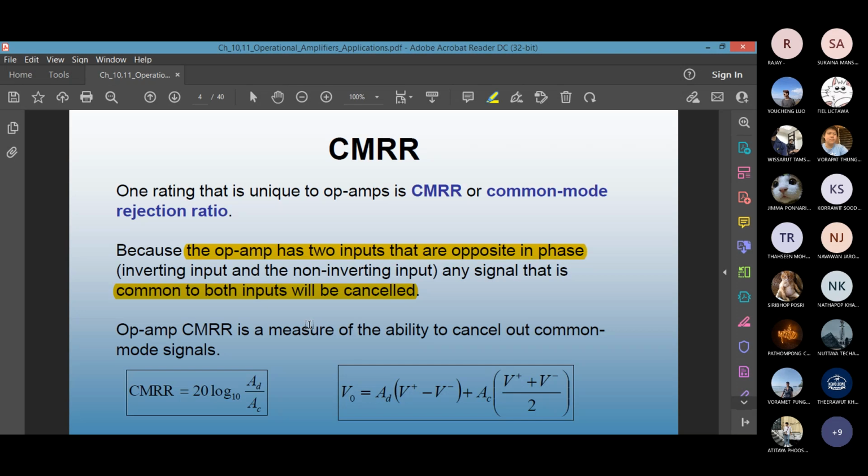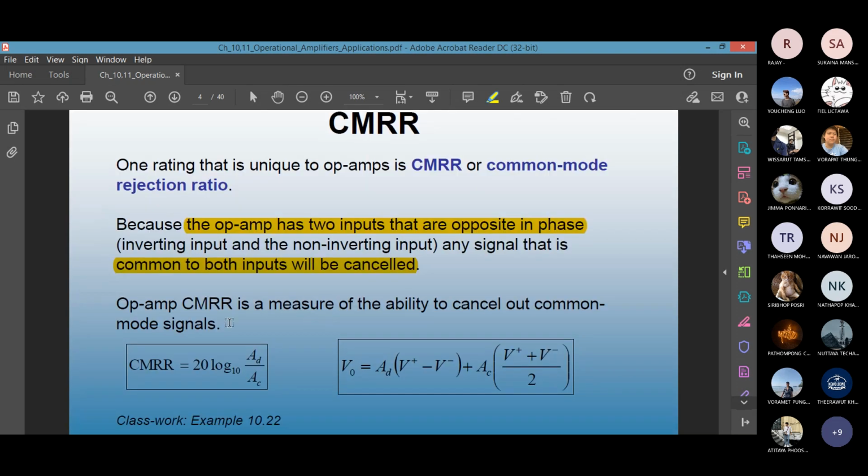And in common mode, the kind of signal that comes inside is noise. You want to cancel it. It doesn't get cancelled exactly, completely. Most of it can be cancelled out, but not 100%. So the CMRR is a measure of the ability to cancel out the signal.